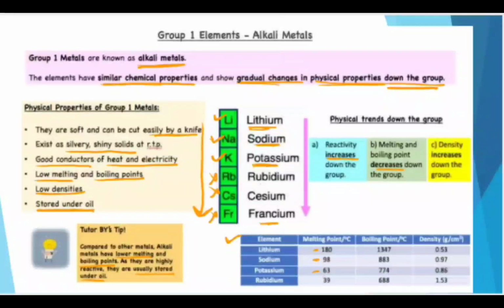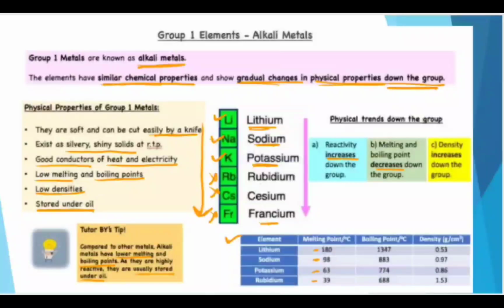Potassium melts at 63 degrees. That means from solid it becomes liquid at 63. You have to heat it up. And rubidium melts almost at room temperature. Room temperature is considered between 26 and 30 degrees, so somewhere near room temperature.